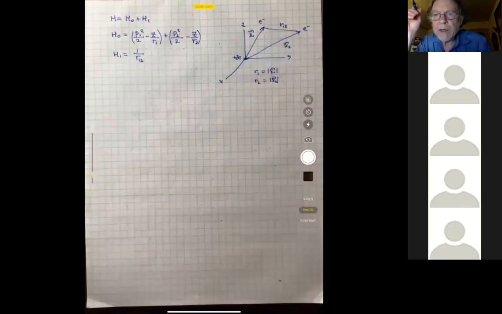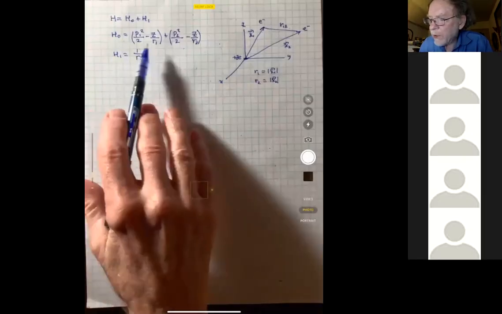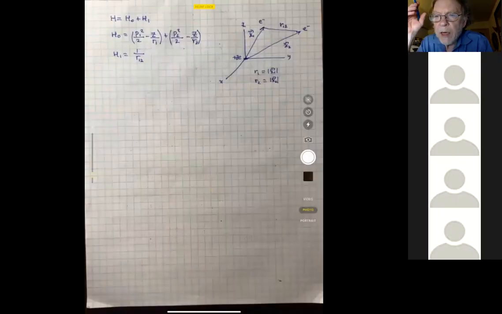So this is the perturbation setup, and some comments about it before we get started on it. Obviously in perturbation theory, you want the unperturbed system to be solvable, and this one is because it's two independent hydrogen-like Hamiltonians added together. However, you'd also like the perturbation to be small.